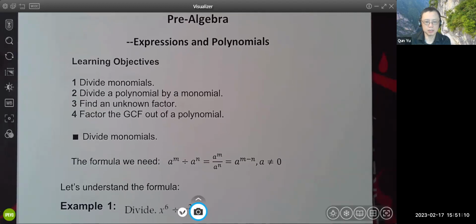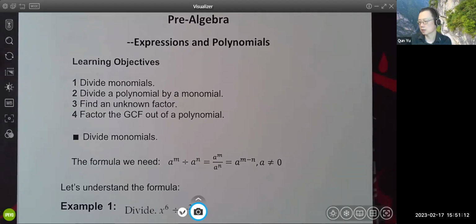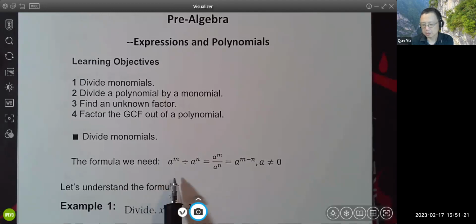First, let's look at how to do divisions between 2 monomials. We have this formula. Let's understand this formula first. Basically, this formula is the division between 2 exponential forms. Notice that they have the same base. They have different exponents.